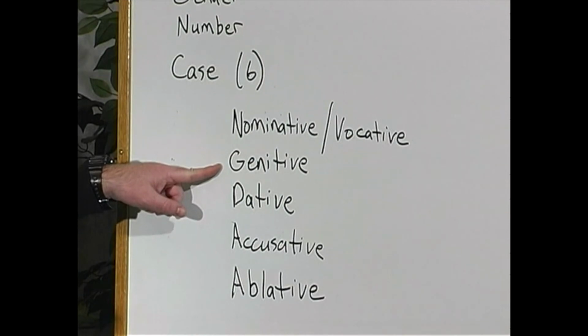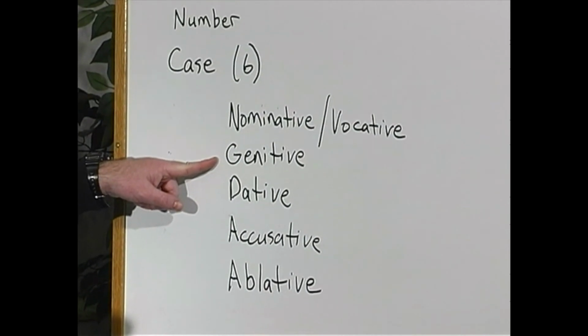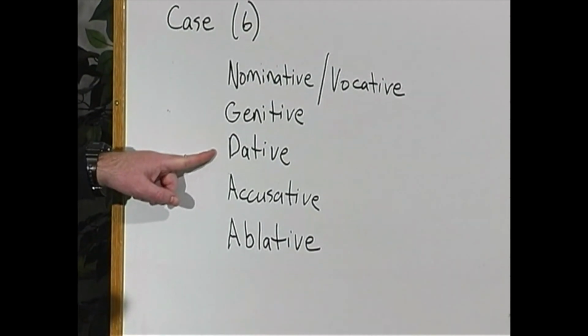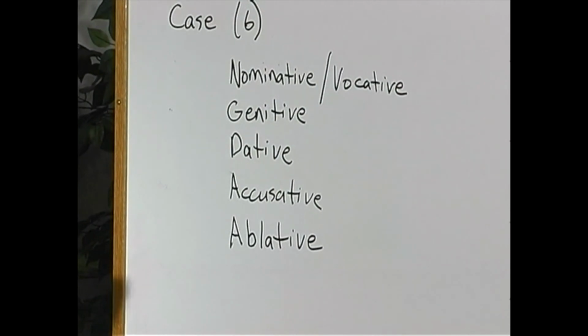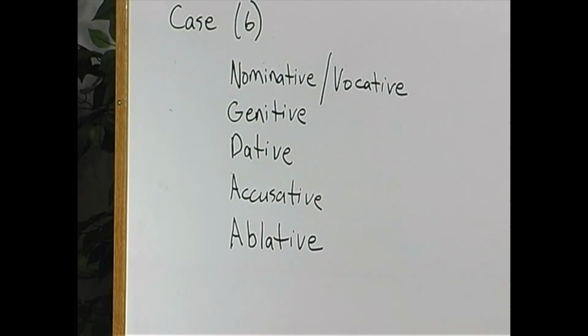It is often or usually translated with the assistance of the English preposition of. Dative is the case of the indirect object. That is, to or for the action of the verb. That to which or for which the action of the verb is directed.